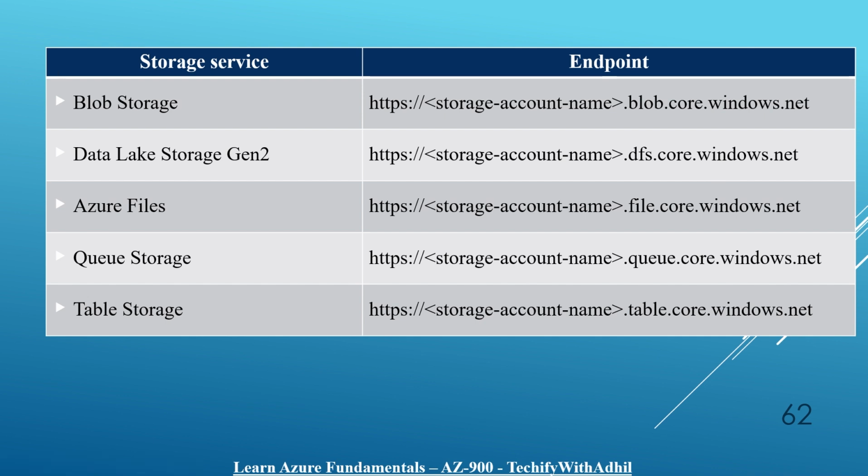For Azure Files, it will be the storage account name .file.core.windows.net. Then queue storage, the account name .queue.core.windows.net. Table storage is the same. In general, it will all be HTTPS, then the storage account name, then ending with core.windows.net. Just the type changes here: blob, dfs, file, queue, table.